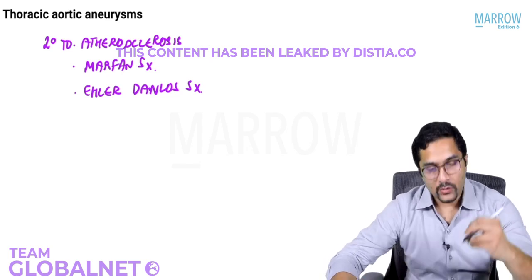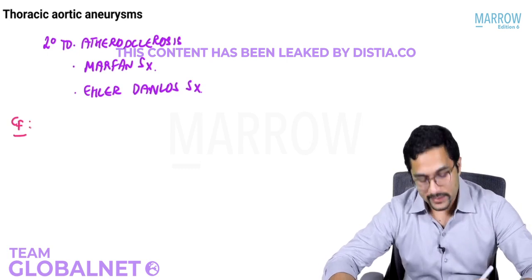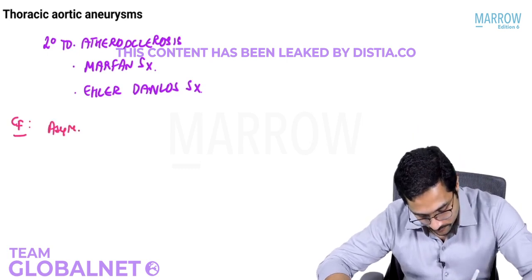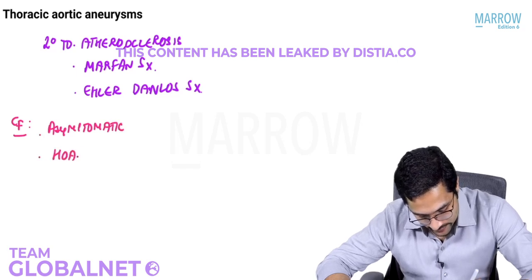Now, for these thoracic aortic aneurysms, the clinical features, how the patient can present: they can either be asymptomatic, or they can come with hoarseness. And this is very important for your exam. This is given in the latest submission.